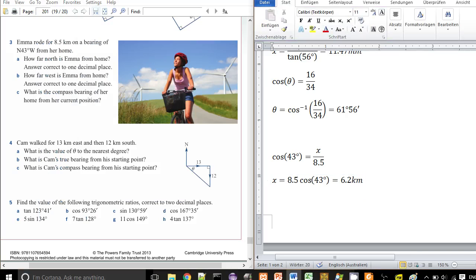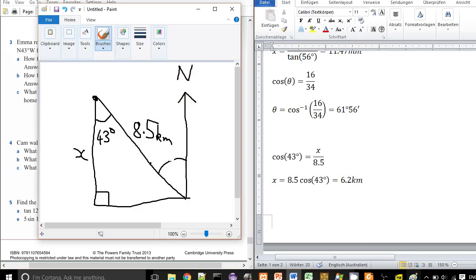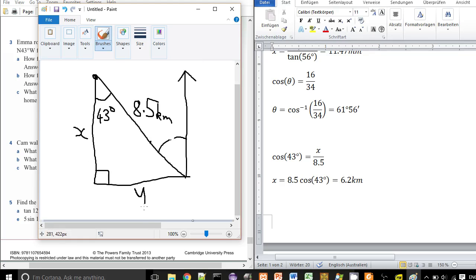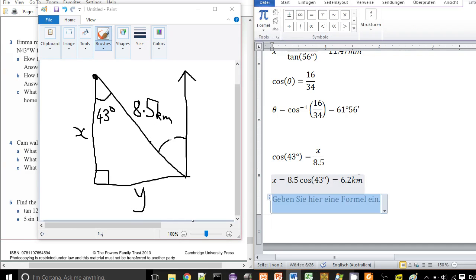Alright, next bit. How far west? This line. So let's do a y. This time it's opposite and hypotenuse, so sine. Sine 43 degrees is y over 8.5.